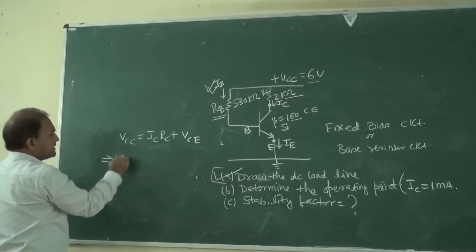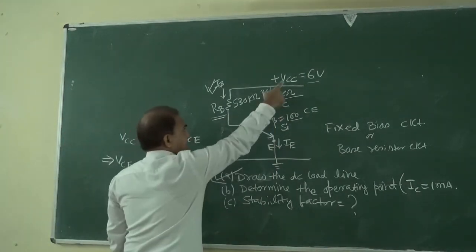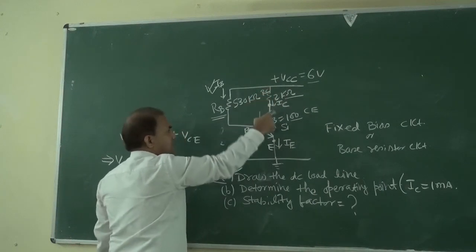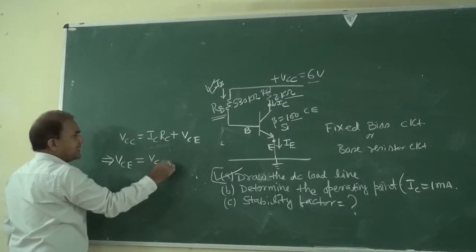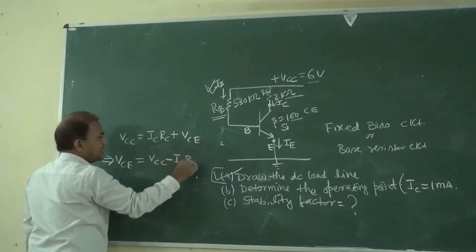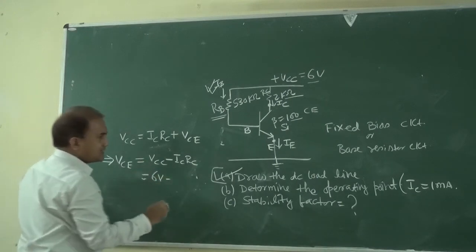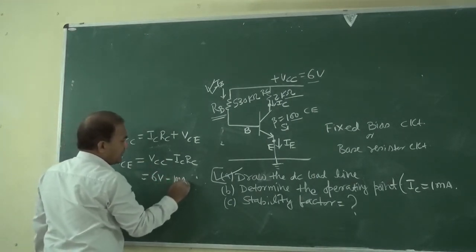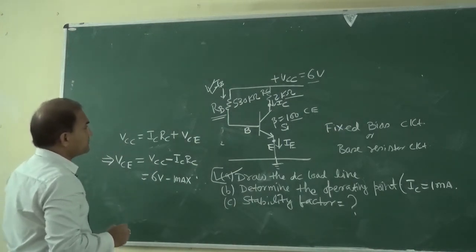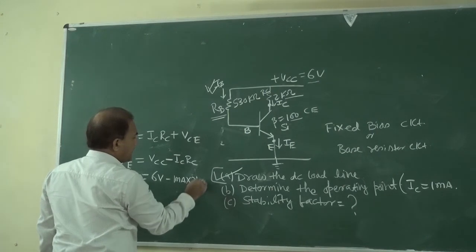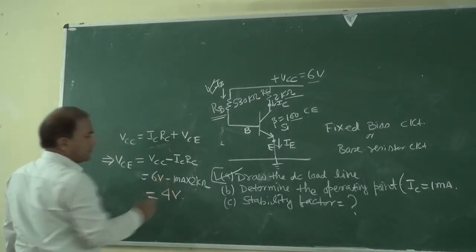So from this equation VCE is equal to VCC minus IC RC. It is equal to 6 volt minus IC, which is 1 milliampere, multiplied with RC, which is 2 kilo ohm. So it is equal to 4 volt.